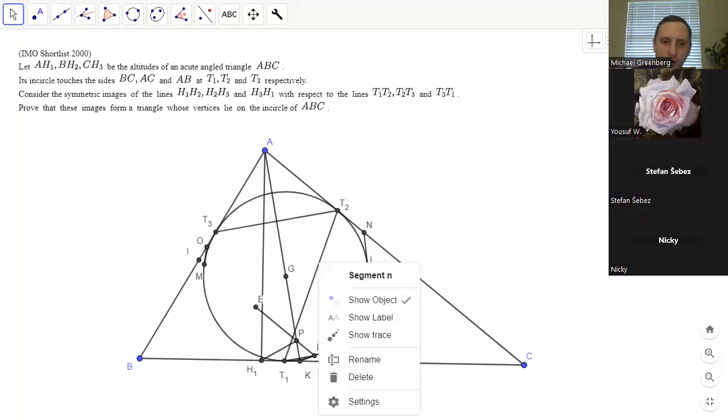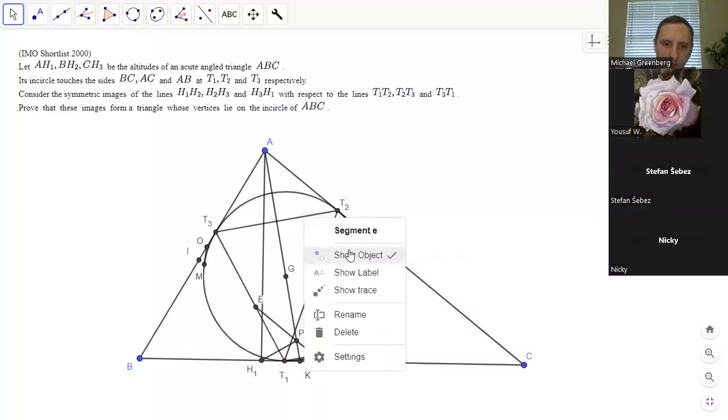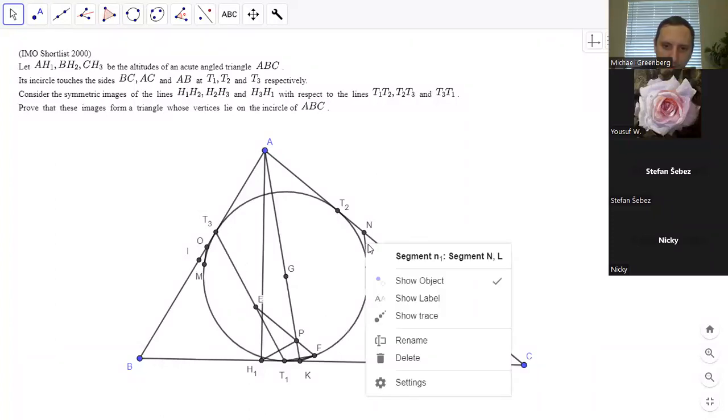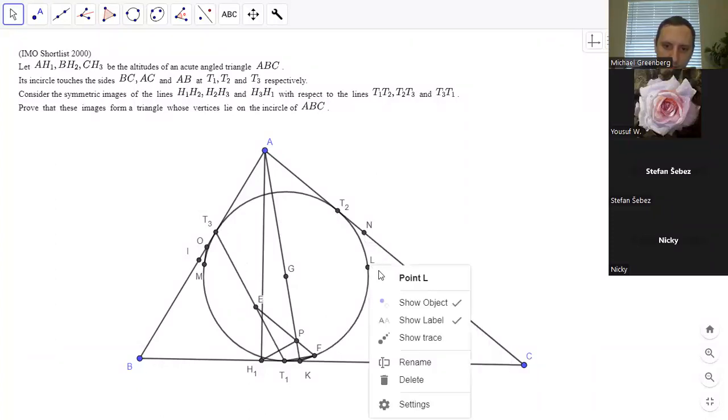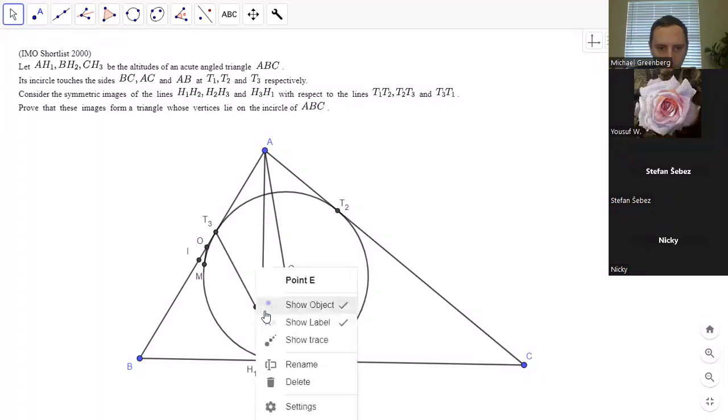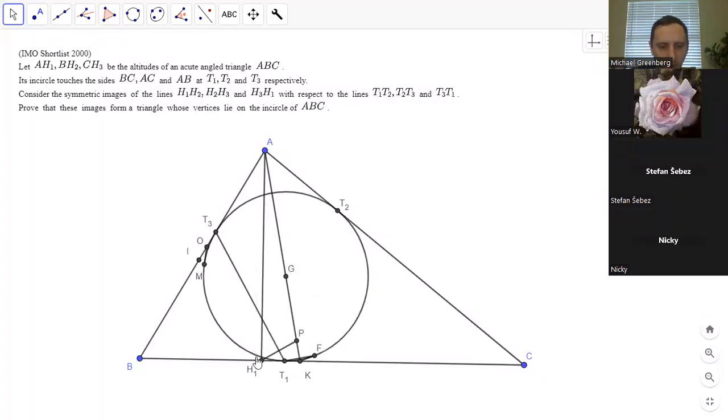We want to keep that one. You take H and you reflect it over T1, T3, and then you want to show it lies on the angle bisector.